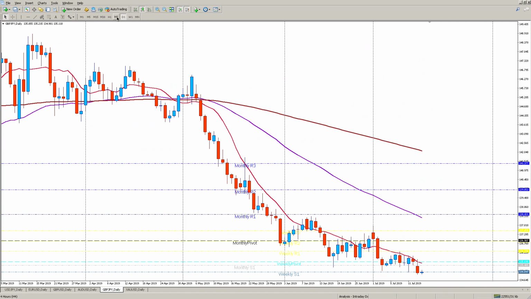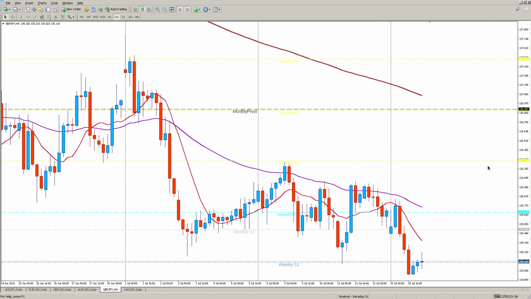Let's take a look at the 4-hour chart, and potentially we can see some resistance zones where we can try to find areas of resistance that could provide us a better value to enter a short position.